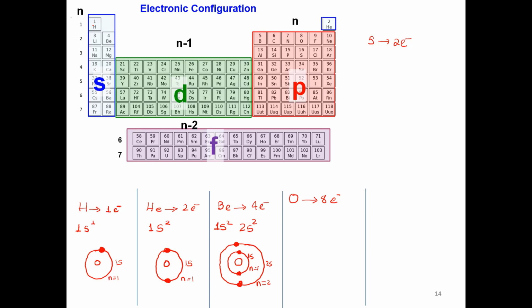We always start from the innermost shell. It will be 1s2, and we need to complete this 2. Then we need to move to the next. It will be 2s2. This is the S block, 2s2.